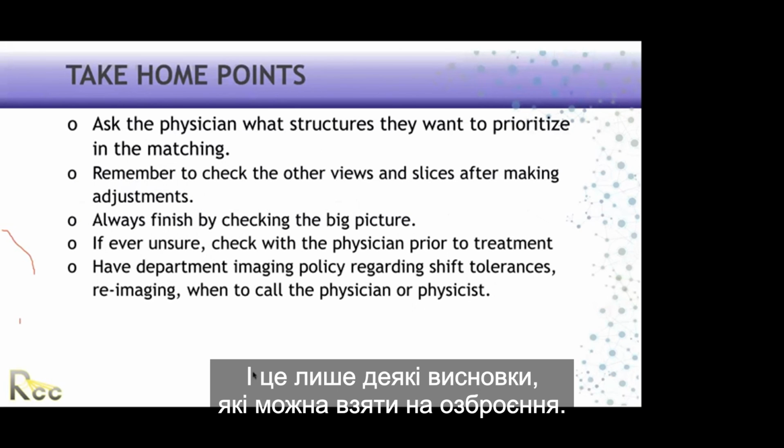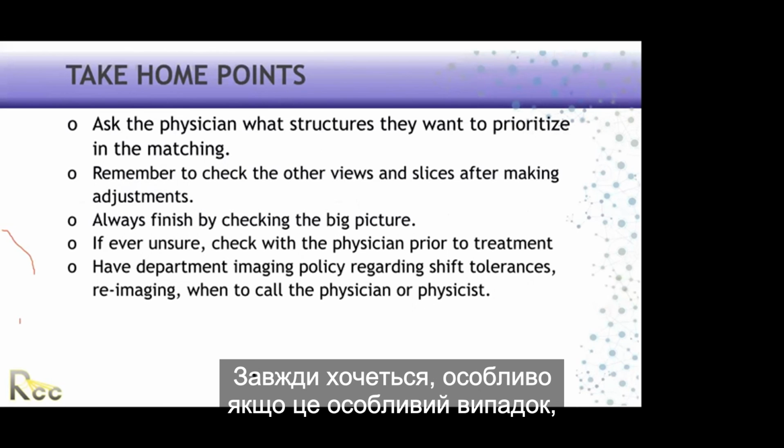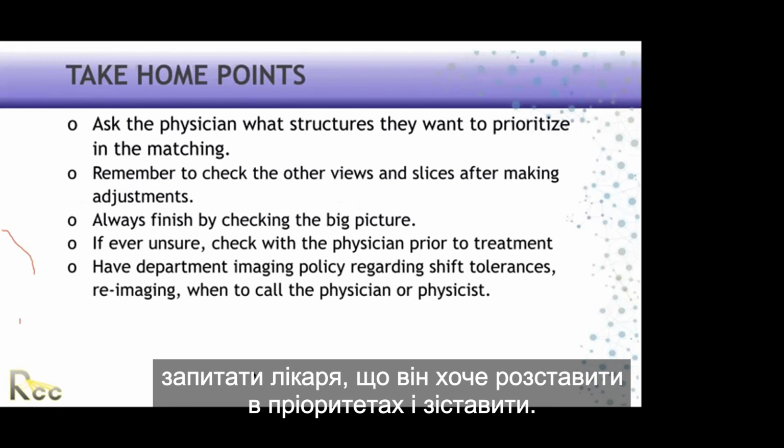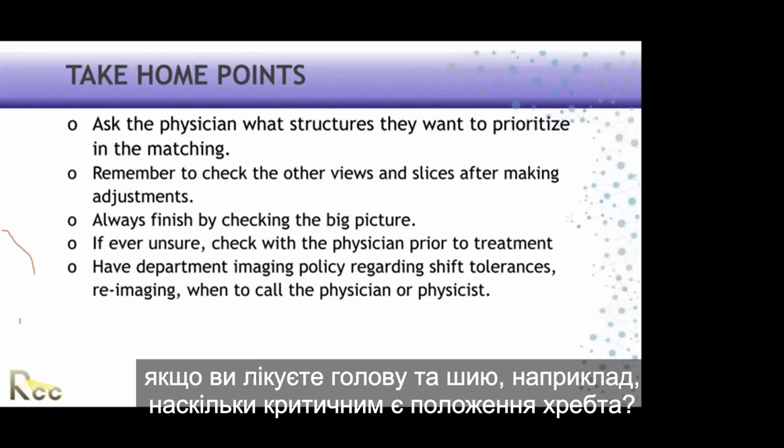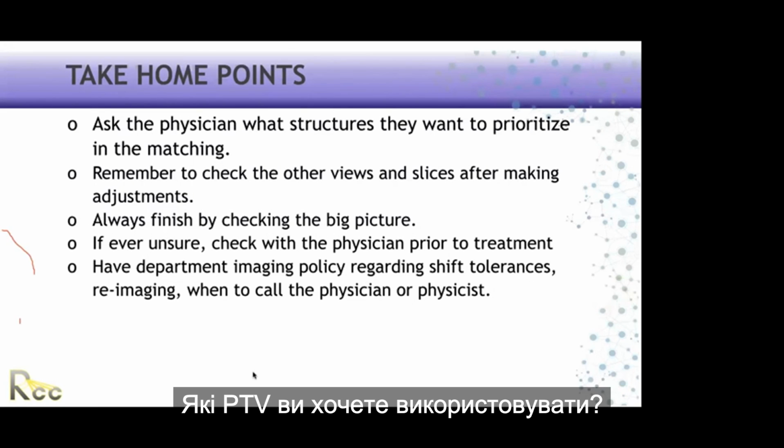So these are just some take-home points. Especially if it's a different case, ask the physician what they want to prioritize in matching. This goes for any site. If you're treating a head and neck, how critical is the spinal position? What PTVs do you want to use?